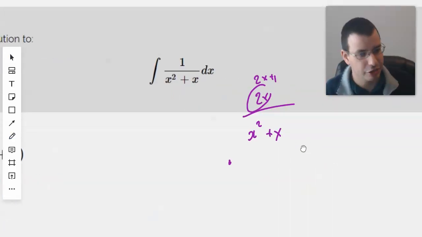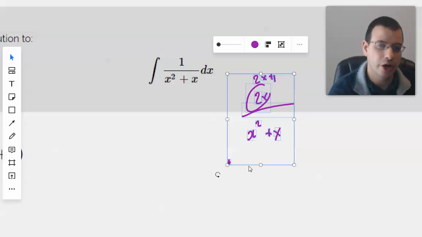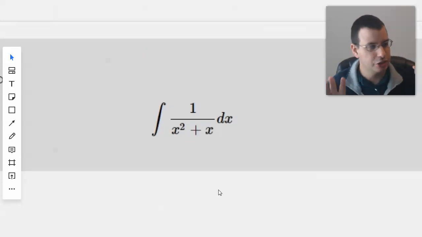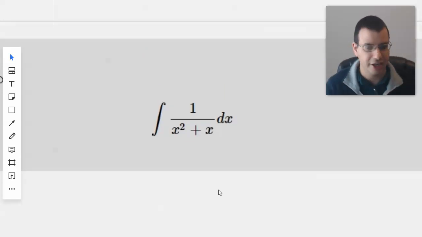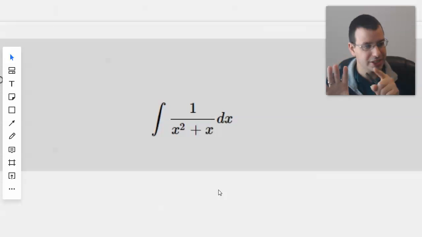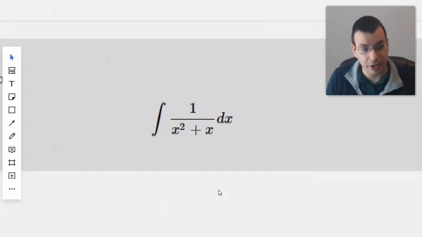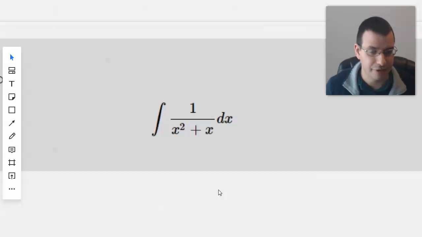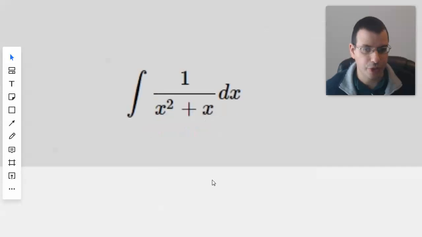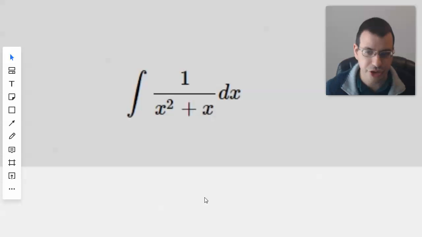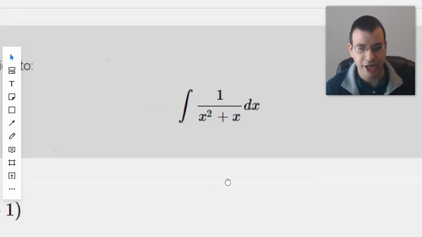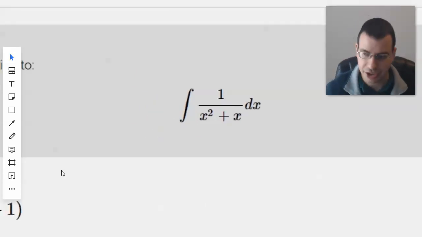Next might be integration by parts, where you have one thing multiplied by another, and if you can take the derivative of one of those things enough times and it will disappear, then that might be a good candidate. We don't have that here because we have basically just one component. So for this, we're going to go for partial fractions.